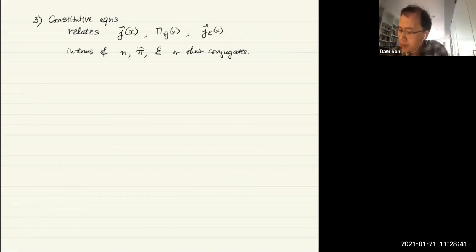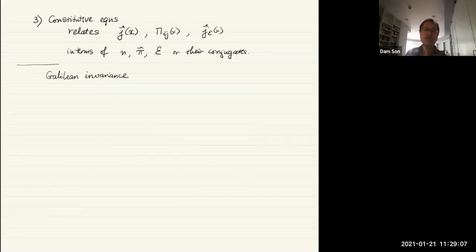These turn out to be further constrained. The third step is further constrained by Galilean invariance. That imposes certain restrictions and eliminates some possible terms that we could have written down without knowing about Galilean invariance.